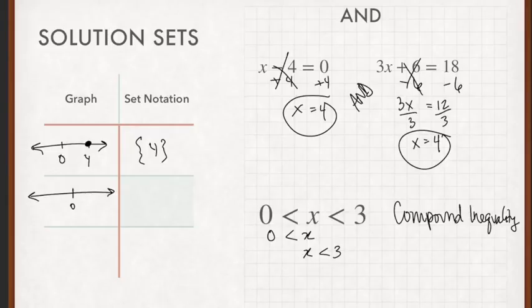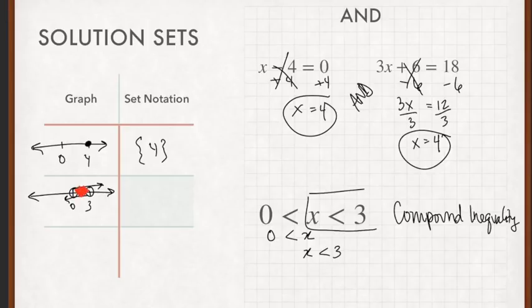So in this case, x is greater than 0, and there's no equal sign, so I'm going to leave an open circle. And then the other part of this inequality is x is less than 3. Now in this situation, you have two solution sets that are taking you in different directions. The solution set for the system is going to be all the points in which both solution sets intersect.